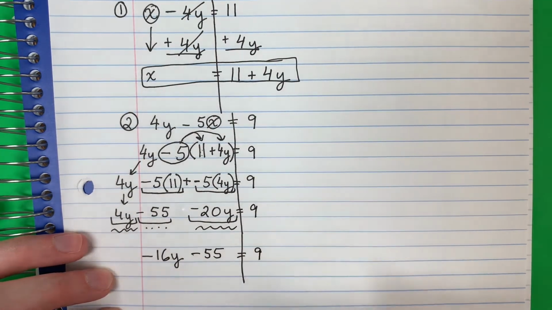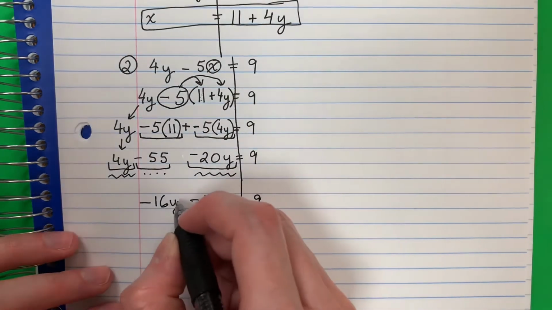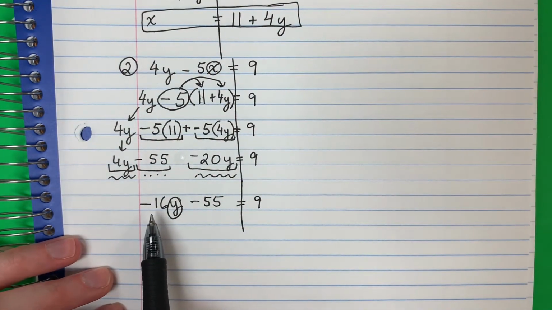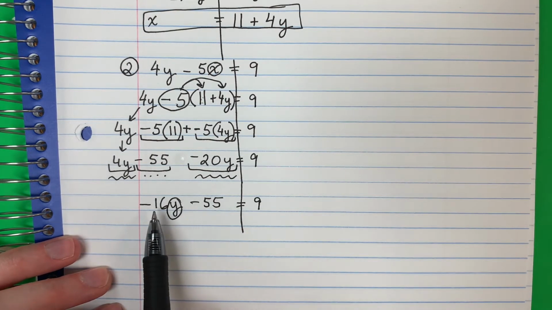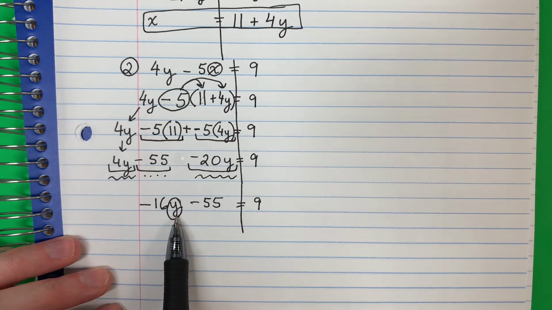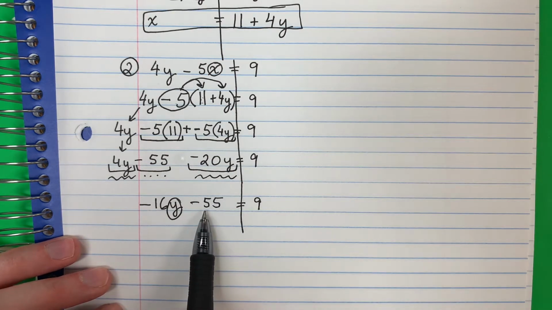Equals 9. All right, I want the y alone. Quiero la y sola. I do not want to move the y, and I do not want to move the negative 16 because the y will move. So I am going to move negative 55. No quiero mover la y, y no quiero mover el negativo 16 porque la y va a mover con el negativo 16. Entonces voy a mover el negativo 55.